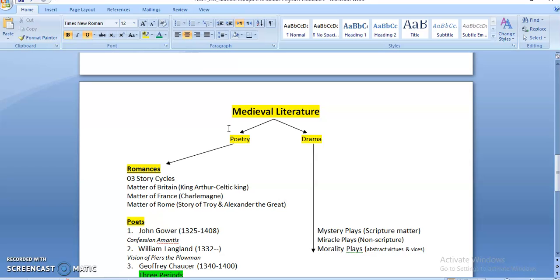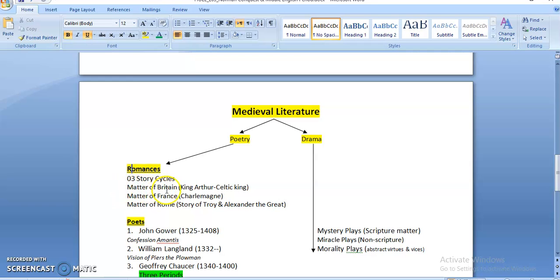As far as romances or poetry is concerned, one genre which was quite popular during the Middle Ages or medieval literature was romances. A romance is a chivalric type of story or narrative, and at that time three story cycles were very popular.